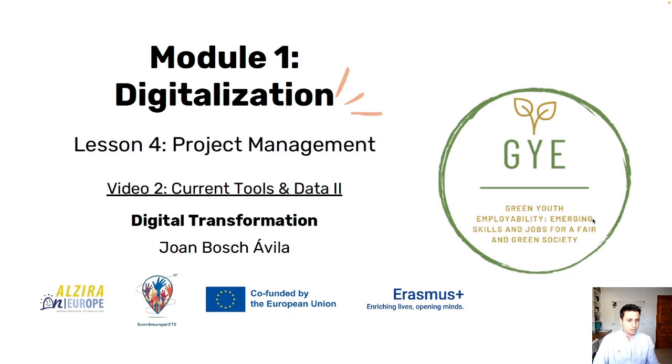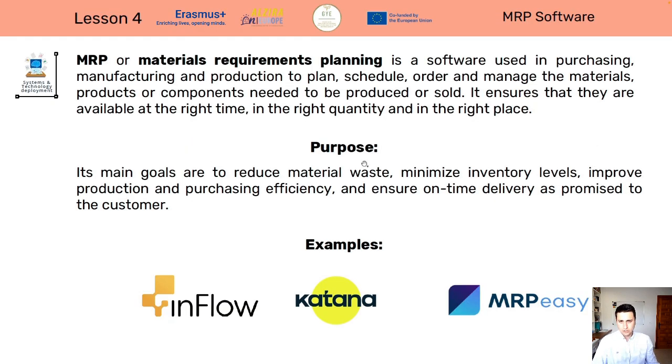Okay, so let's continue with the software. You remember in the previous video we saw the ERP, the WMS, and the CRM, and now we are continuing with the MRP, material requirements planning.